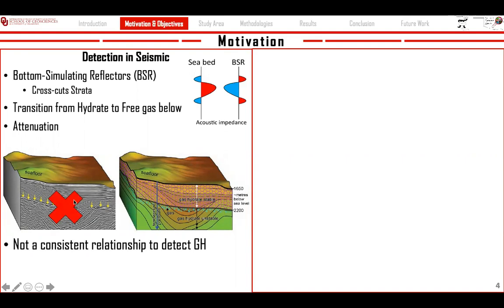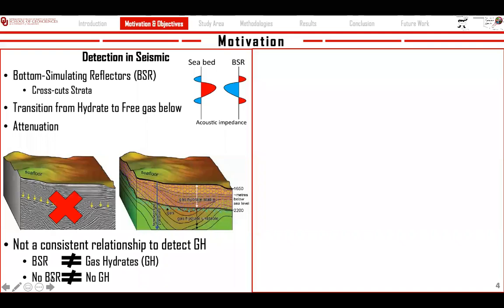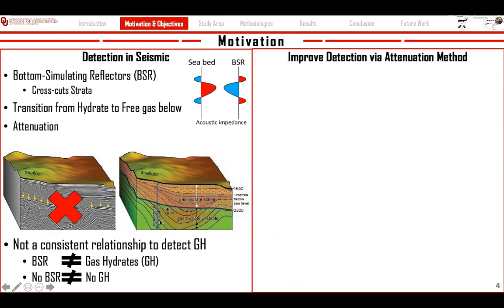However, this isn't always a consistent relationship when detecting gas hydrates in the subsurface using seismic data. Bottom simulating reflectors do not always equal gas hydrate presence, nor does a lack of bottom simulating reflectors indicate no gas hydrate presence. And that's the conundrum.